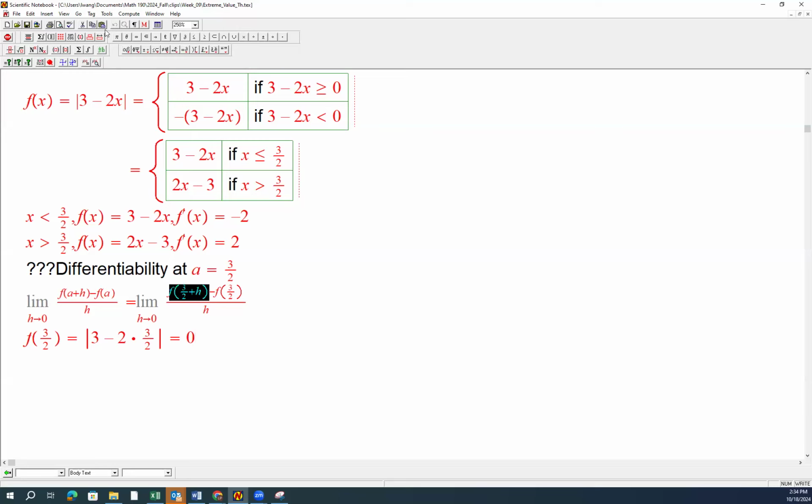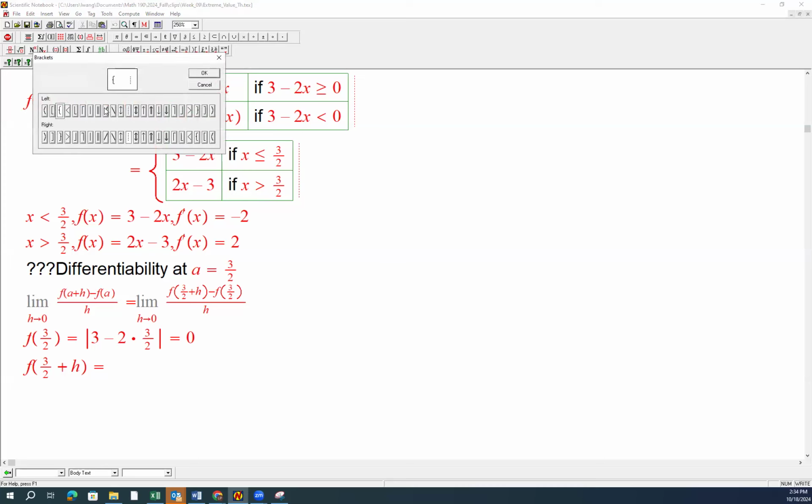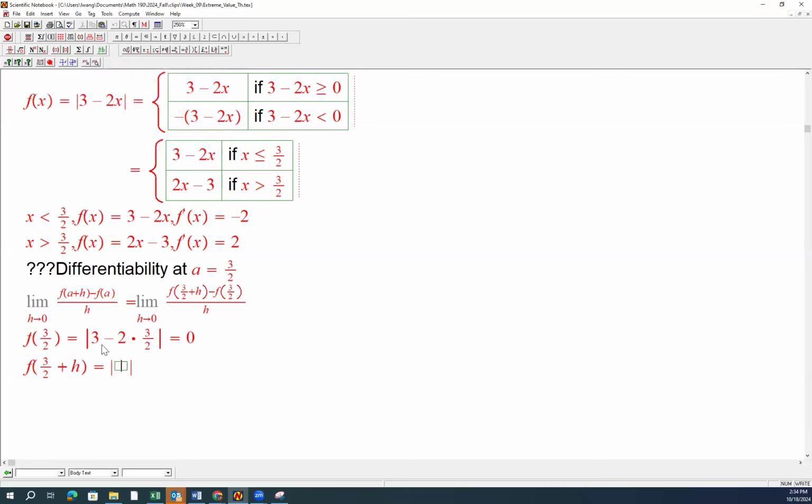But what is f of 3/2 plus h? It's right here: 3 minus 2 times a, this is a plus h. And this is f of x, so x will be replaced by 3/2 plus h by definition.